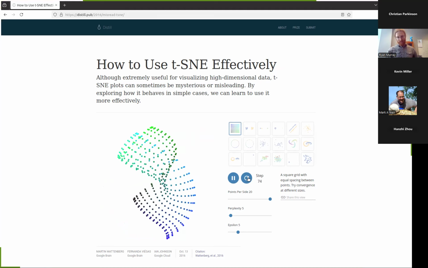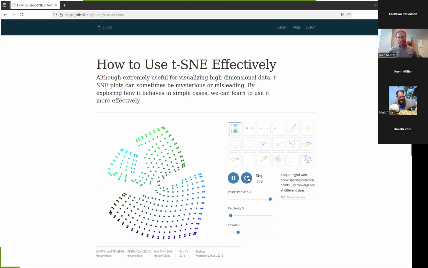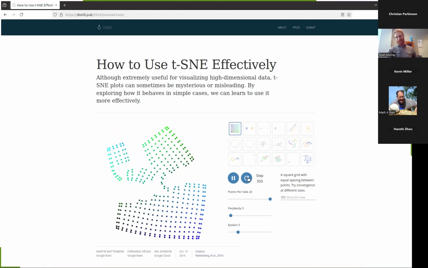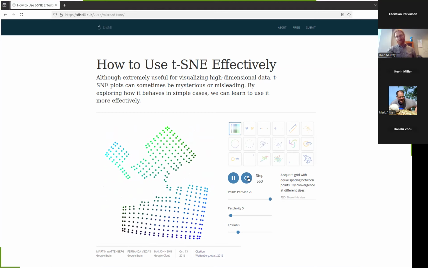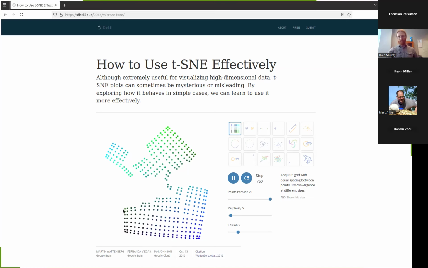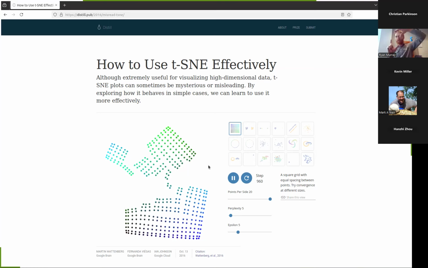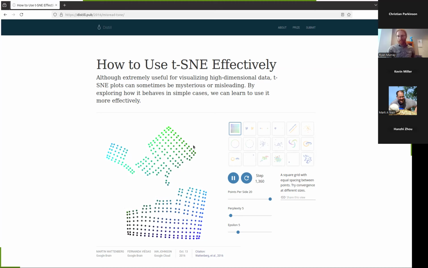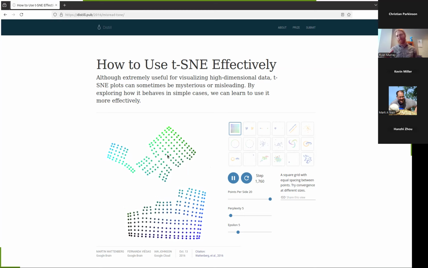oftentimes it will find and twist the manifold into different pieces. So here is one example where it kind of drew a diagonal line across this grid, and then it twisted one side of the grid when it found this embedding. So in some sense, things like topology and relative distances between points are very strongly not preserved. And this is pretty weird behavior from a mathematical perspective.